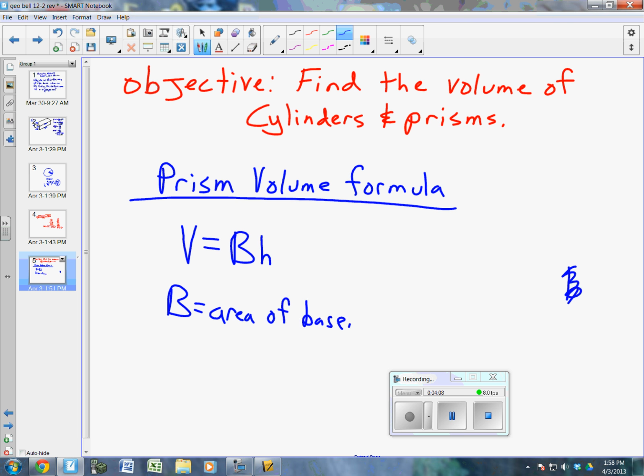Wouldn't it make sense, if you think about this, if I take this prism right here and fill it up with centimeter cubes, I would first fill up the bottom, the whole bottom of it, right? Matt, and you guys, can you please listen?